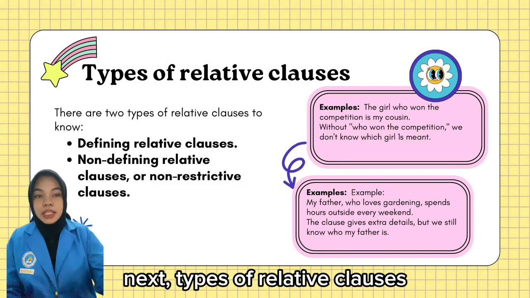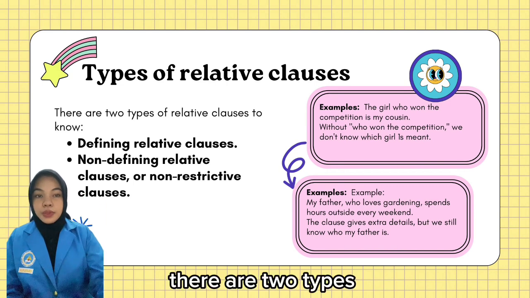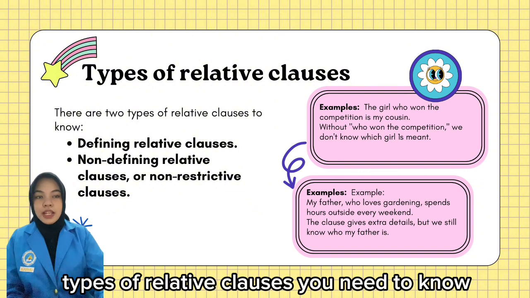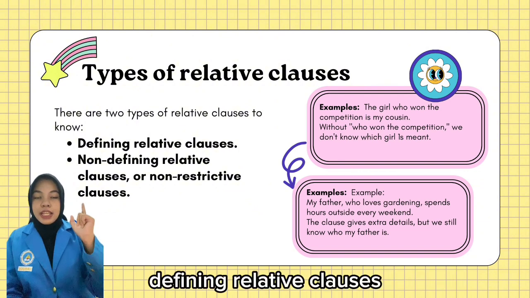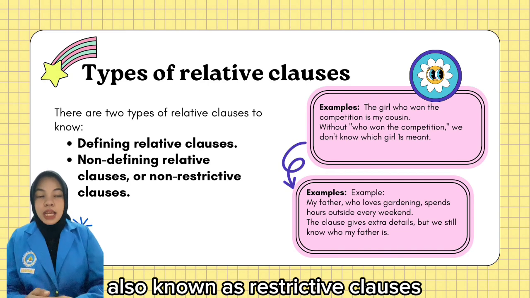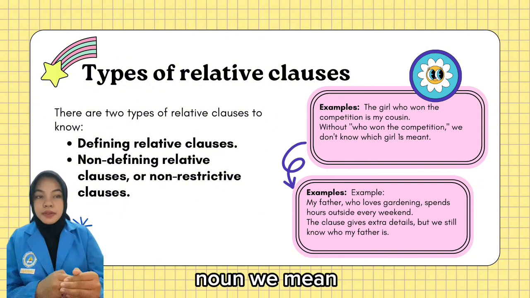Next, types of relative clauses. There are two types of relative clauses you need to know. First, defining relative clauses, also known as restrictive clauses, give essential information needed to understand which noun we mean.